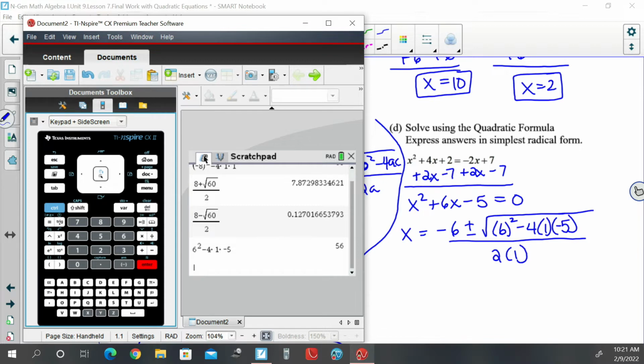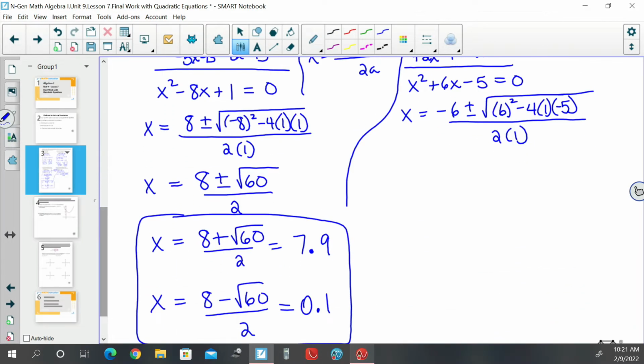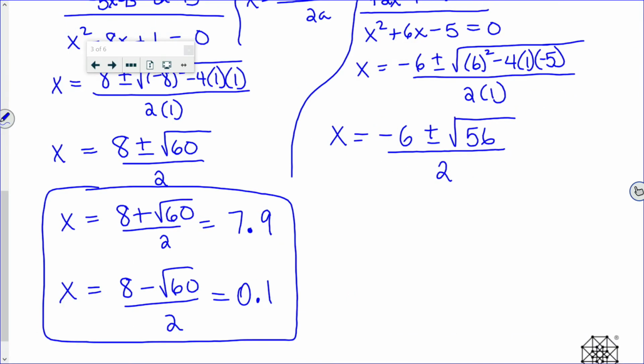Hold on, let me just do something really quick. 56 divided by 4, 14, yep. All right, so I've got x equals negative 6 plus or minus the square root of 56, all divided by 2. Go back to my full screen view.